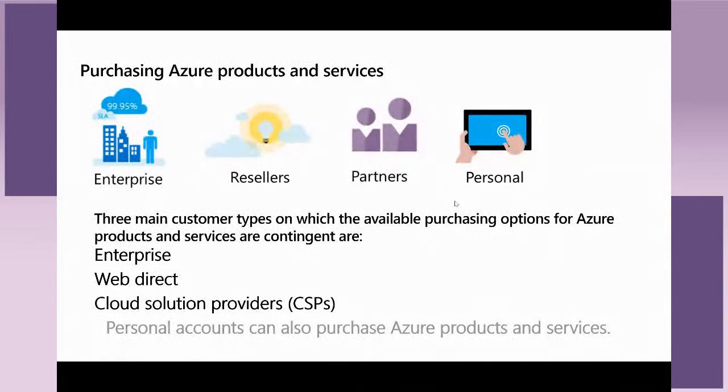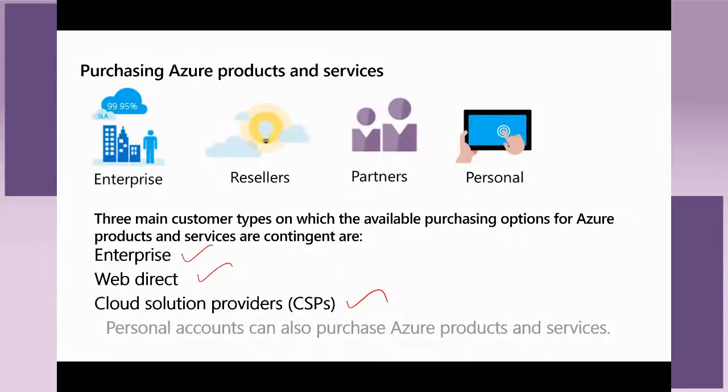See, we are getting these subscriptions and we are leveraging certain Azure products and Azure services, right? Now, these Azure products and services come in different flavors. Like we have enterprise, web direct, and CSPs. Now, these enterprise customers sign an enterprise agreement with Azure.